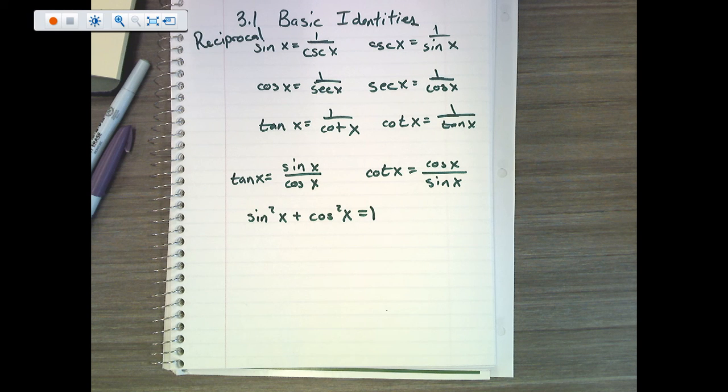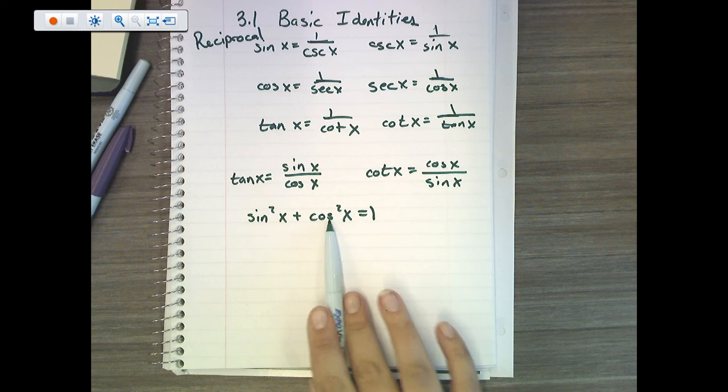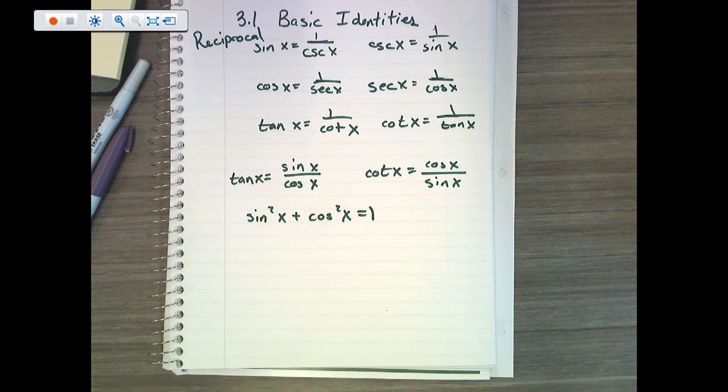So we've done that. We have seen that. What I want to do is rewrite it. This came from x squared plus y squared equals r squared on a unit circle. Now with that, I want to rewrite this in a couple different ways and show you how rewriting it can get you a totally different equation.